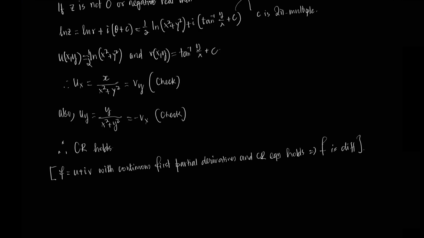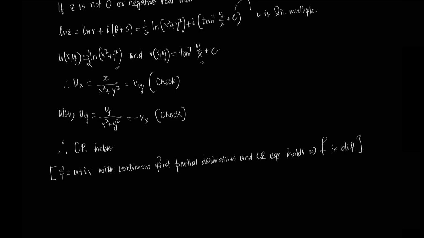So essentially here the CR equation is satisfied. What about u and v with first partial derivatives? You look at this. This is an infinitely differentiable function in terms of both x and y. So the first order partial derivatives exist and they are continuous. What about this? Again the same thing, they are all going to be continuous. No issues here.